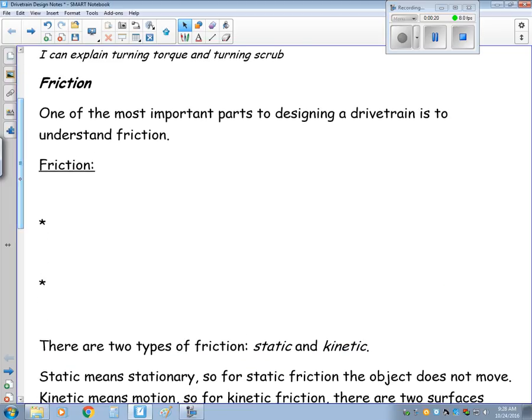This is one of the most important parts of designing a drivetrain. Friction is a force that opposes motion when two surfaces slide past each other.